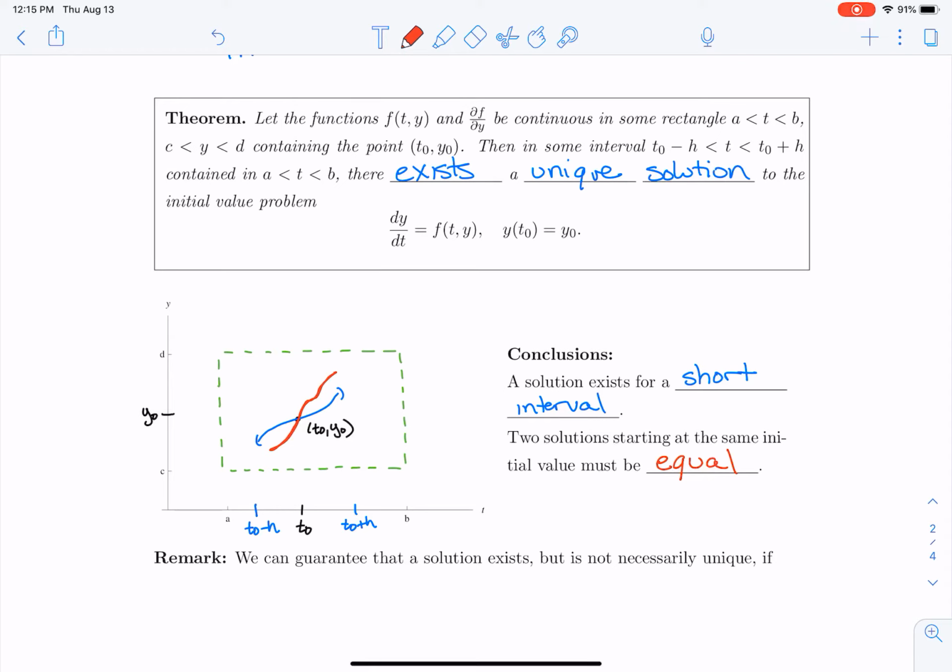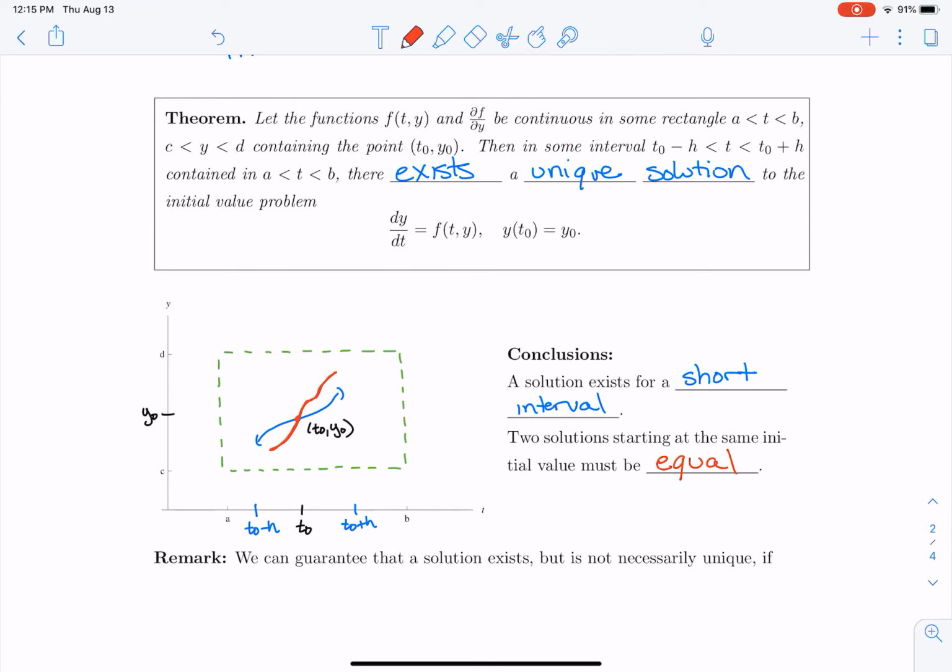I cannot have two solutions that cross, because if two solutions crossed, that would mean that if I started at that initial value where the two solutions crossed, then they should be equal going forward from there. Okay, the two solutions that meet at that starting value would have to be equal.